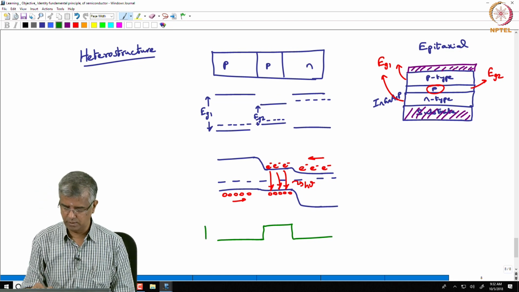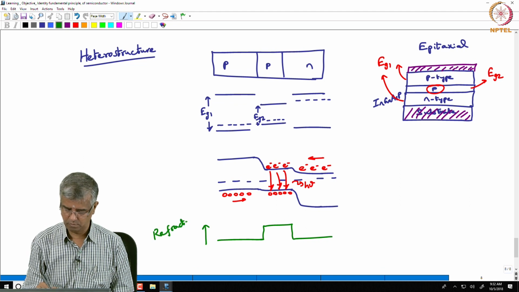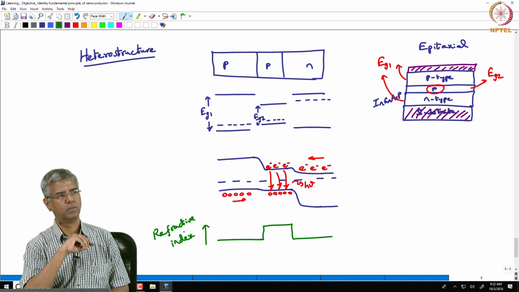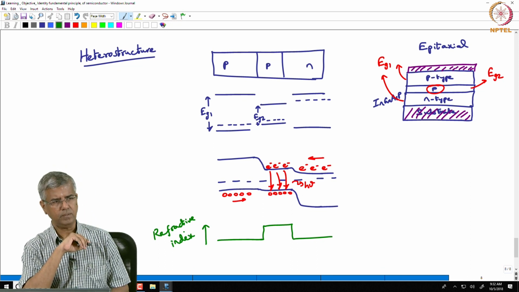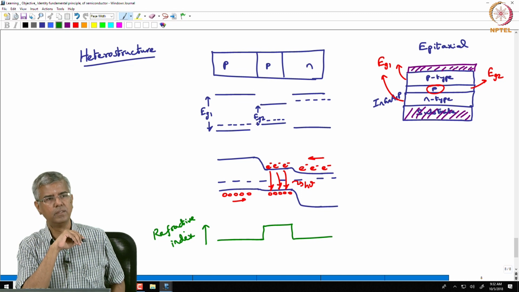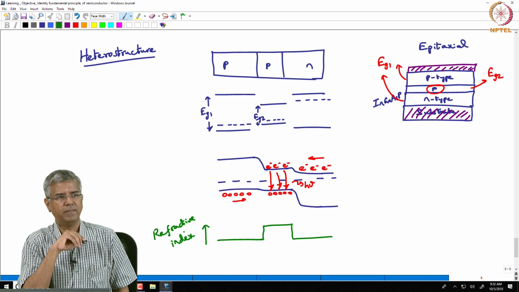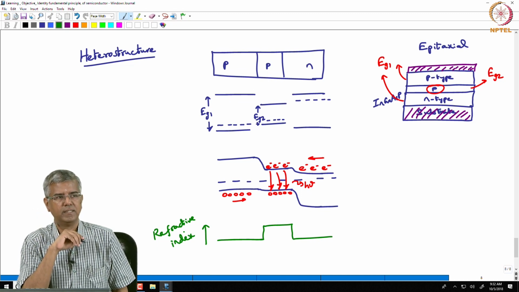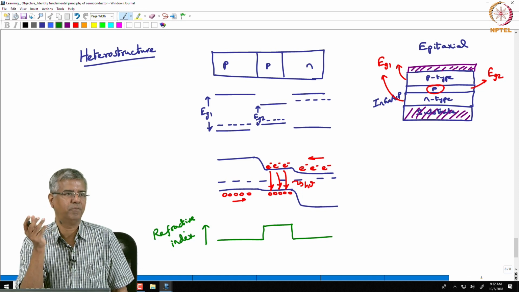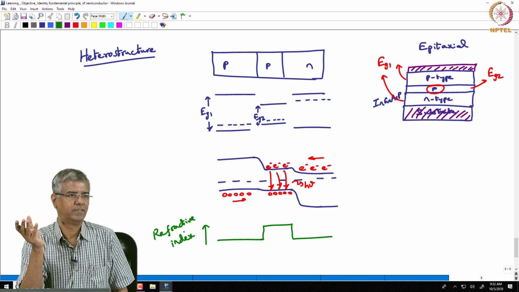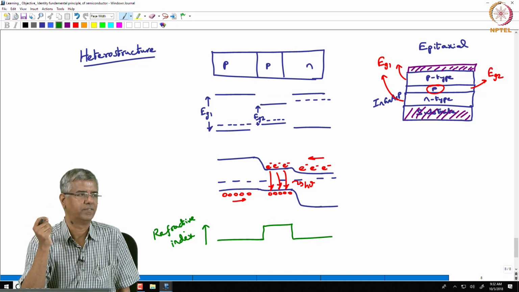Okay, so this is in terms of refractive index. Okay, and what does that tell you? If you have higher refractive index, it starts behaving like a waveguide, right? It starts confining light in that structure.